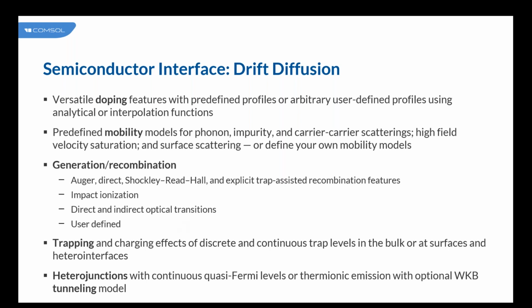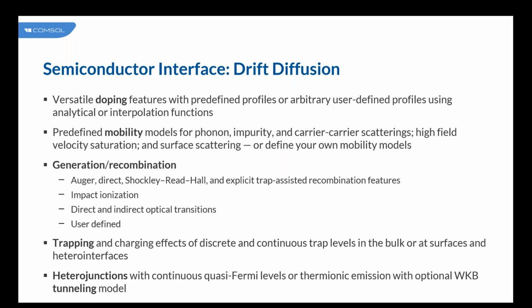If the above generation or recombination is not suitable for your case, you can use our user-defined one to add your effect, such as radiation effects. And the trapping, you can define the bulk, the domain trapping, or surface trapping.